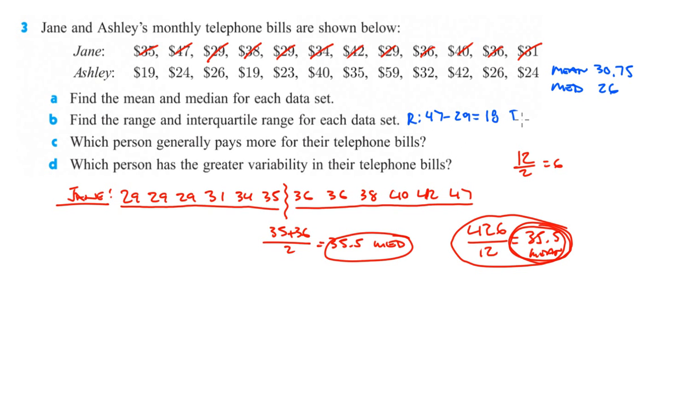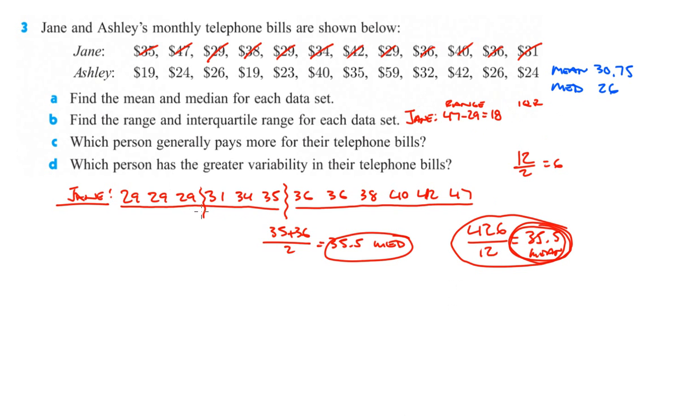And then the IQR, oops, I changed colors because this is for Jane. In fact, I'm just going to go back and fix that so that it's easier to follow. So to find the interquartile range for Jane, we've got to find the middle of this data set.